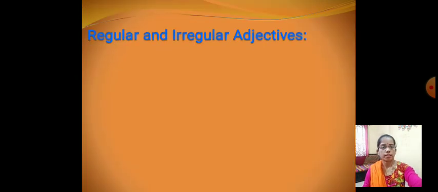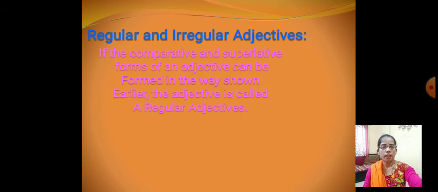Now next, regular and irregular adjectives. Here are some differences between regular adjectives and irregular adjectives. If the comparative and superlative forms of an adjective can be formed in the way shown earlier, it means the rules we learned a few minutes ago, that is included in the regular adjectives.